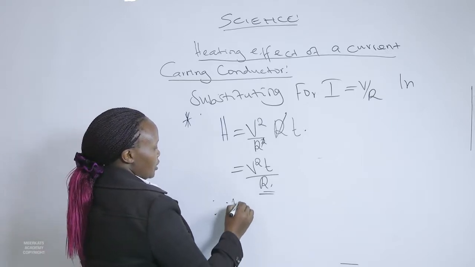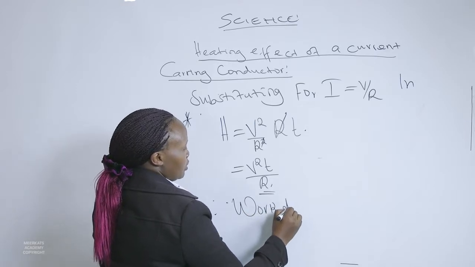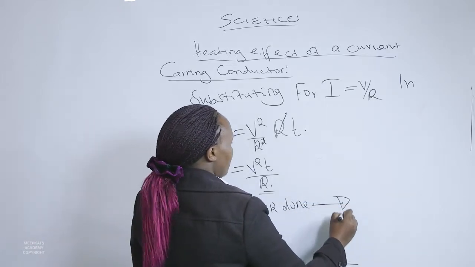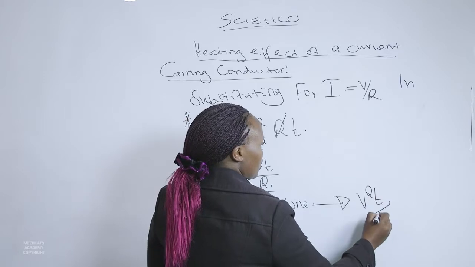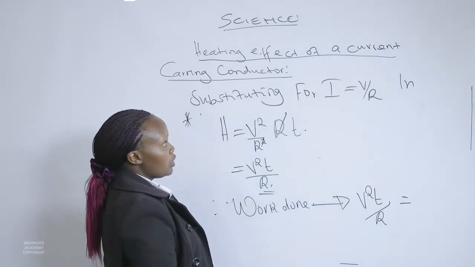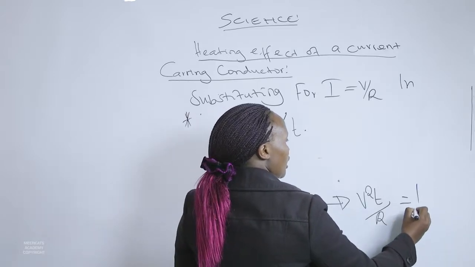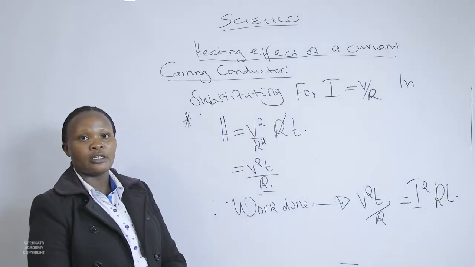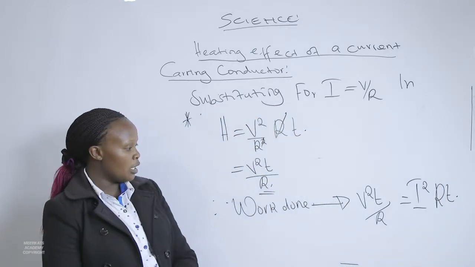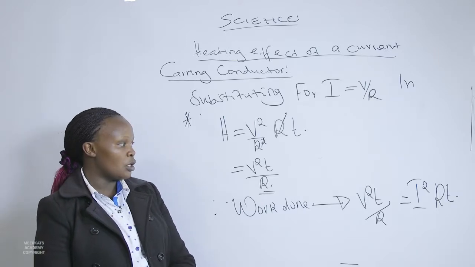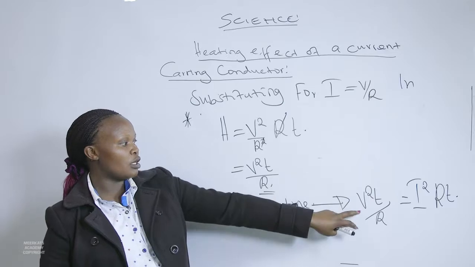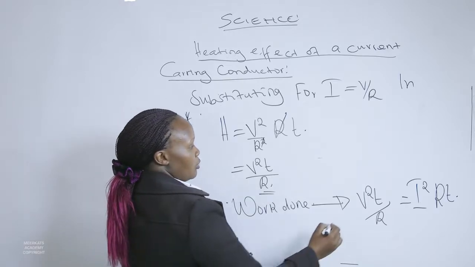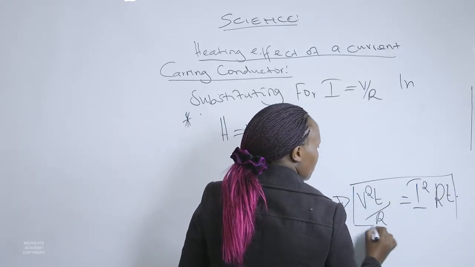Therefore, work done, all the energy converted to heat, can be given by V squared T over R, which can also be taken to be equal to I squared R T. Remember that whenever we are looking at equations, it is good for you to point out what each of your symbols stands for, so that whoever is looking at your work will understand what you mean by your symbols.